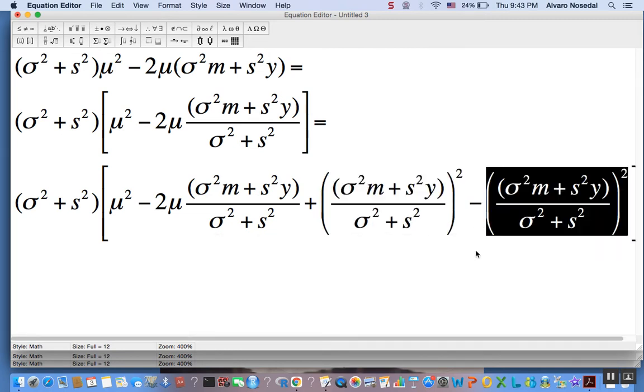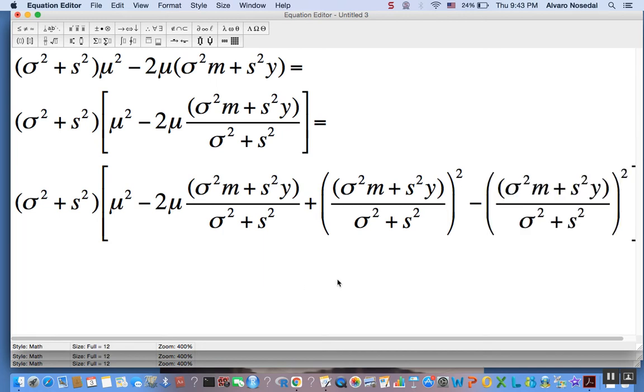I'm not doing anything wrong. Okay, this minus this, that's just a 0. But the beauty of this is that mu squared minus 2 times mu times this plus this squared, we could rewrite as just mu minus sigma squared times m plus s squared times y divided by sigma squared plus s squared. Make sense?